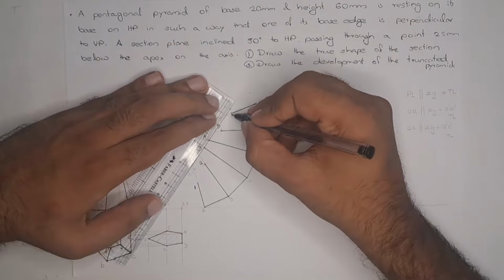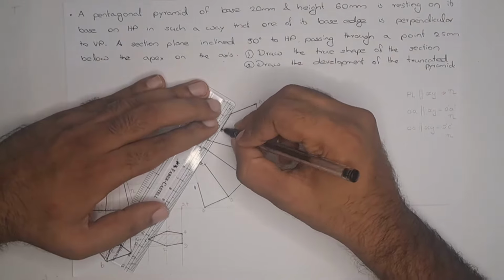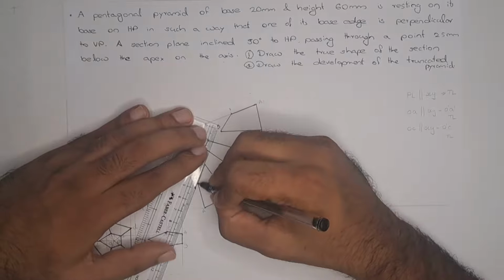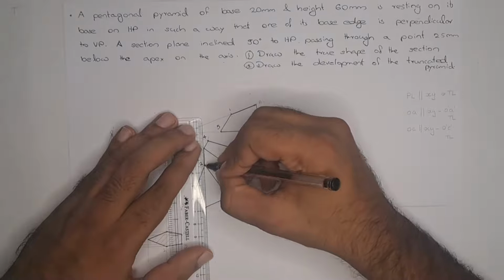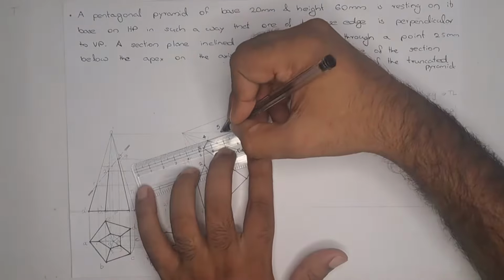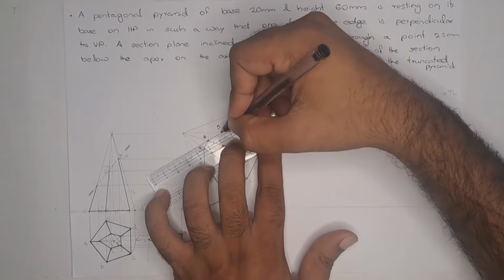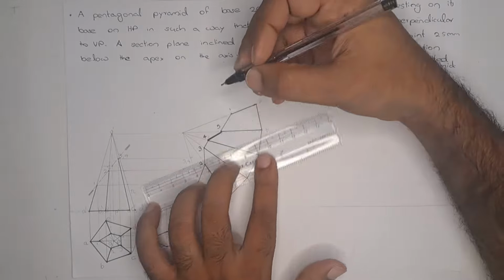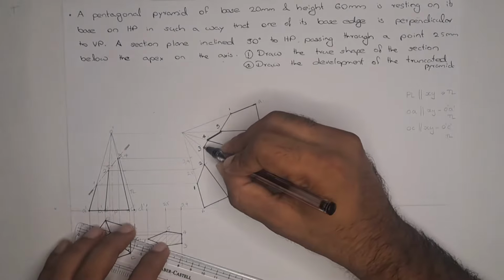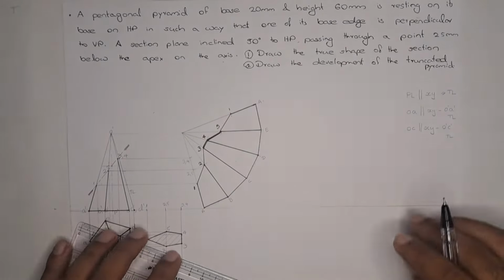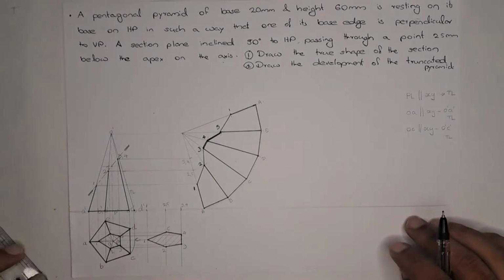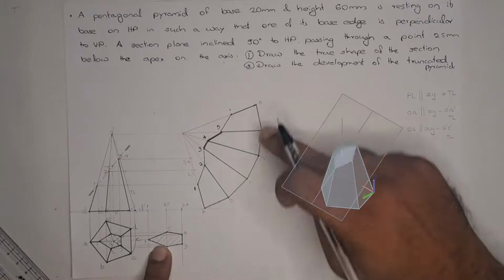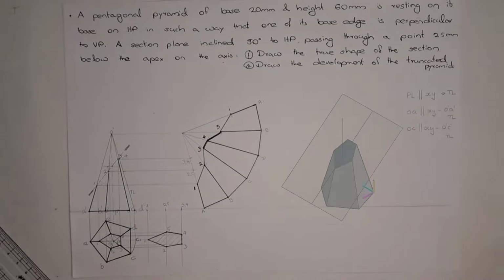And connect it. So this is the true shape of the section, and this is the development of the truncated pyramid. Thank you.